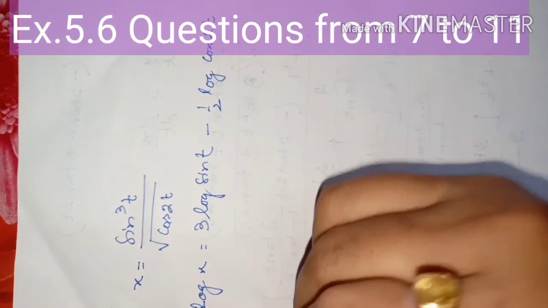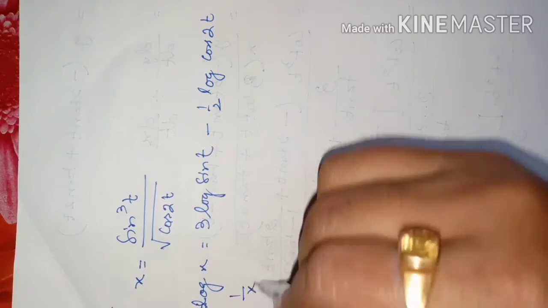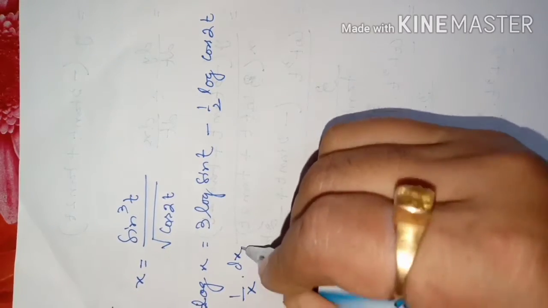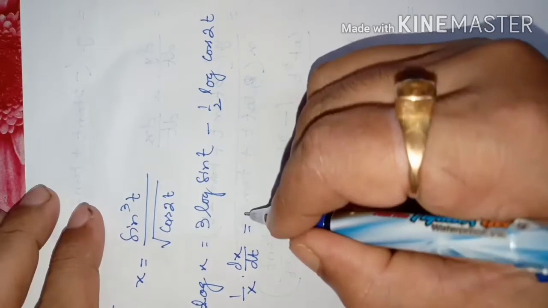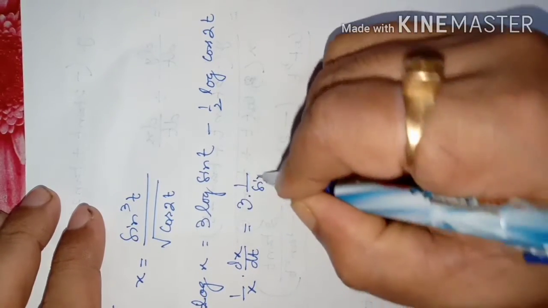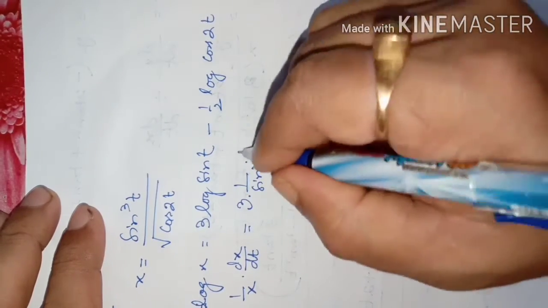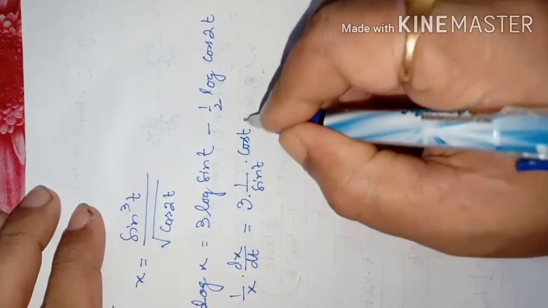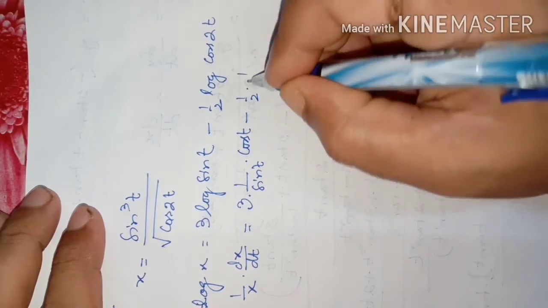So after that, taking the differentiation of this, 1 by x dx by dt is equal to 3 into 1 by sin t into sin t's derivative, which is cos t, minus half into 1 by cos 2t.